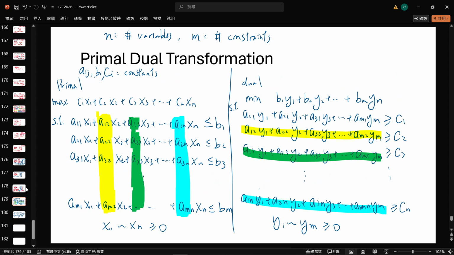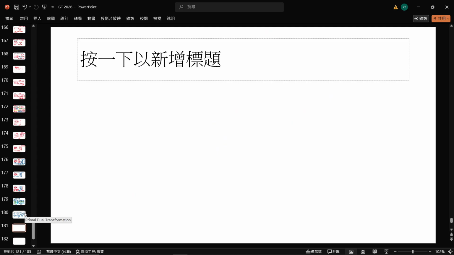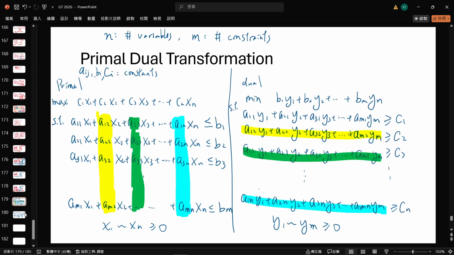Okay, so before we end today's discussion, I want to make a small remark. In our previous discussion, the primal problem is always a maximization problem, and the dual problem is always a minimization problem. But for some applications, the problem that we're considering is a minimization problem.